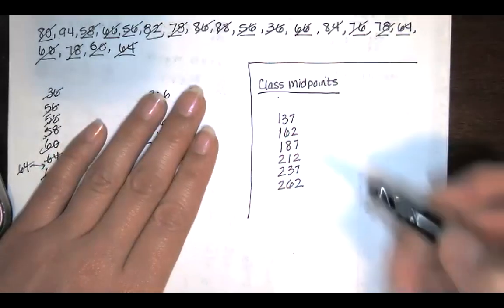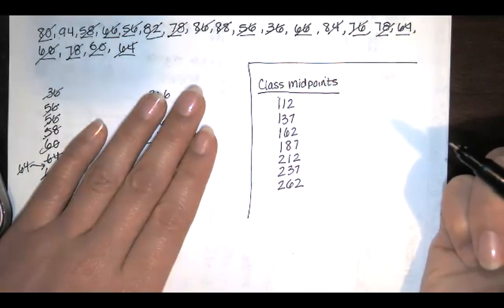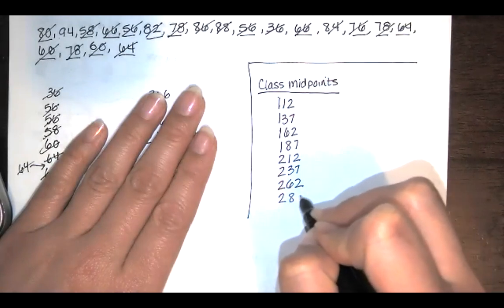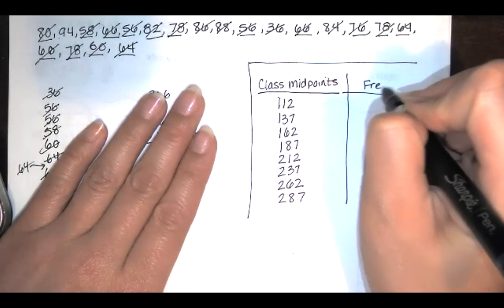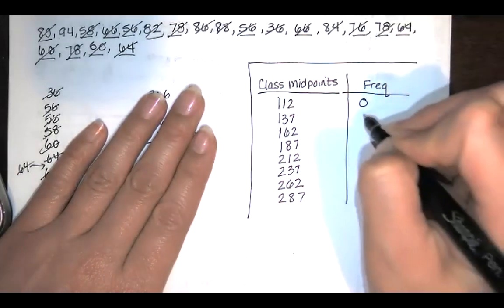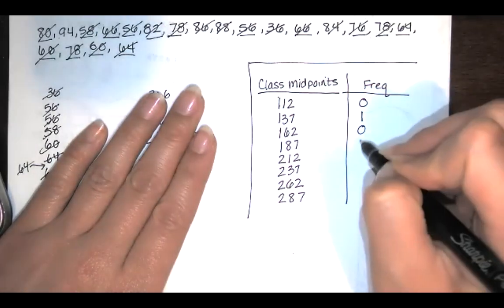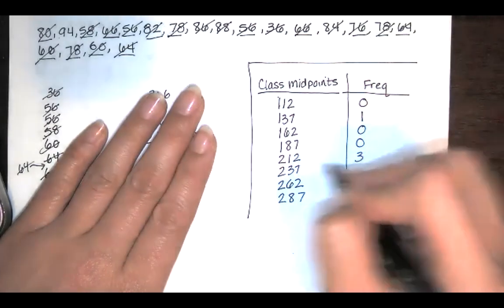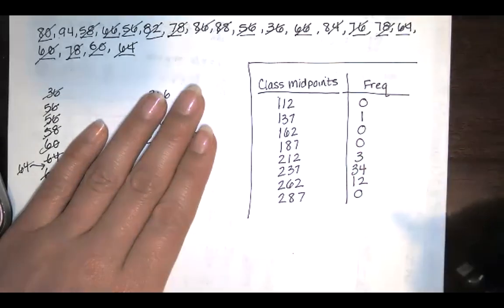Those are the actual class midpoints, and then we subtract 25 from this one to get that value, and then we add 25 to this one to get this value, and then we write down the corresponding frequencies. So that's 0, that one was 1, and then we had 0 and 0, and then the frequency was 3 for that class, then 34, then 12, and then back down to 0.